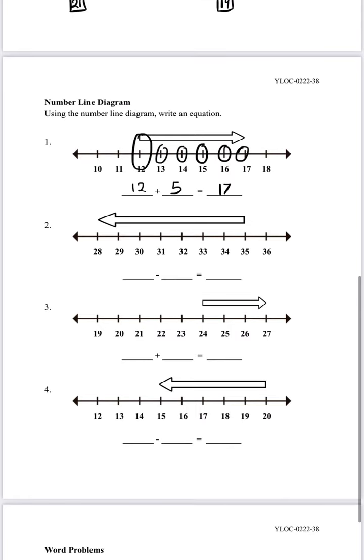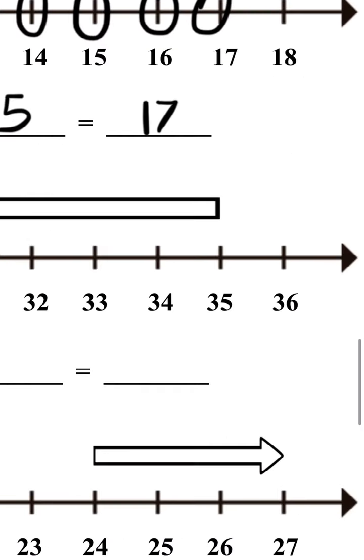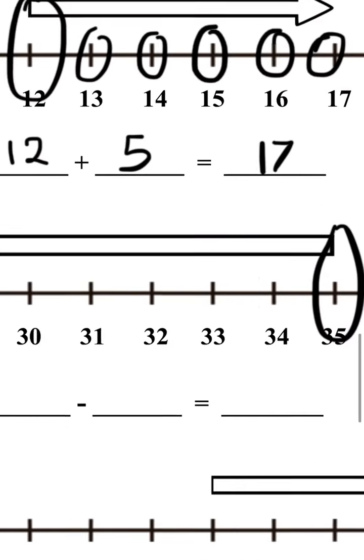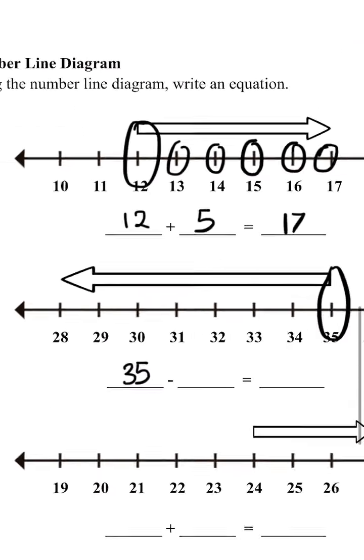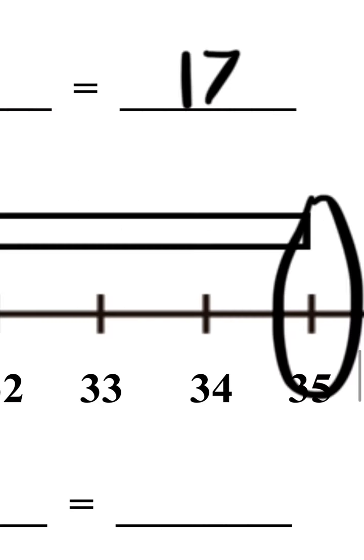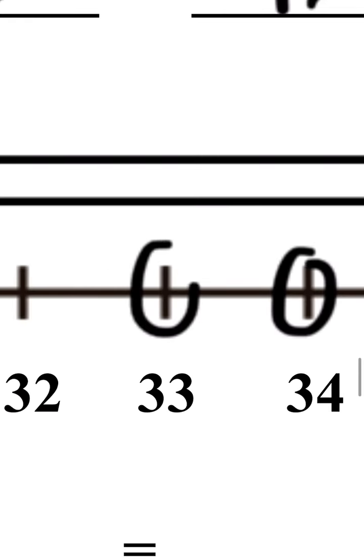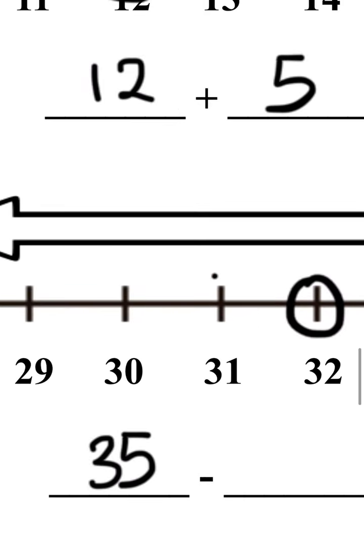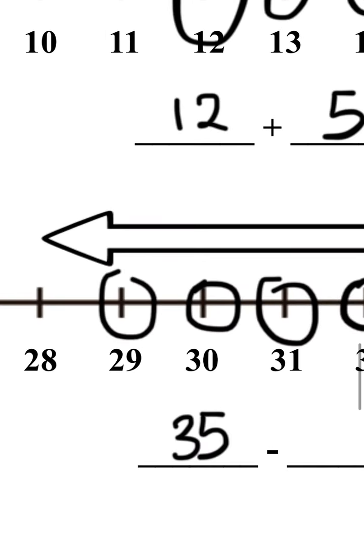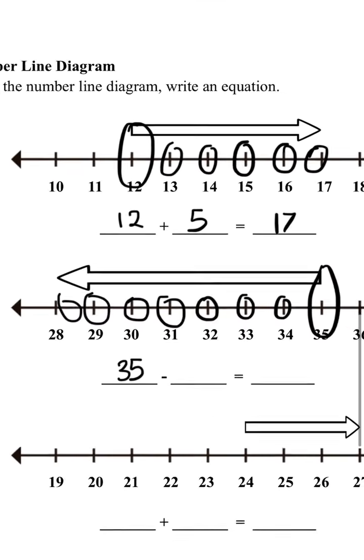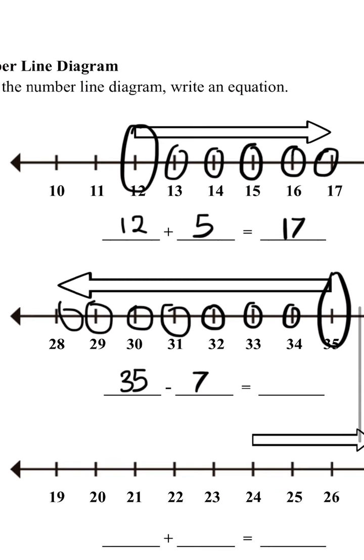For number 2, we have subtraction because the arrow is going towards the left. So this time we need to write 35 first. And then we need to count the rest of the points, 34, 33, and so on. And if we count it all, we get 7.